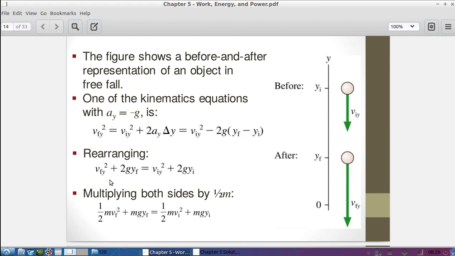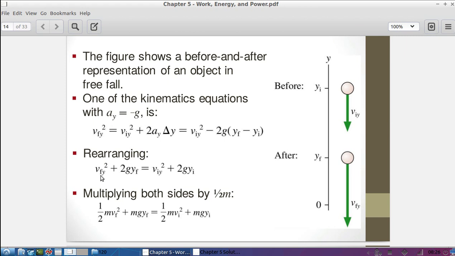To get all the final terms on one side, I add 2g y final to both sides, and I can leave this positive 2g y initial on this side. So I'm getting all my final terms on one side, all my initial terms on the other.